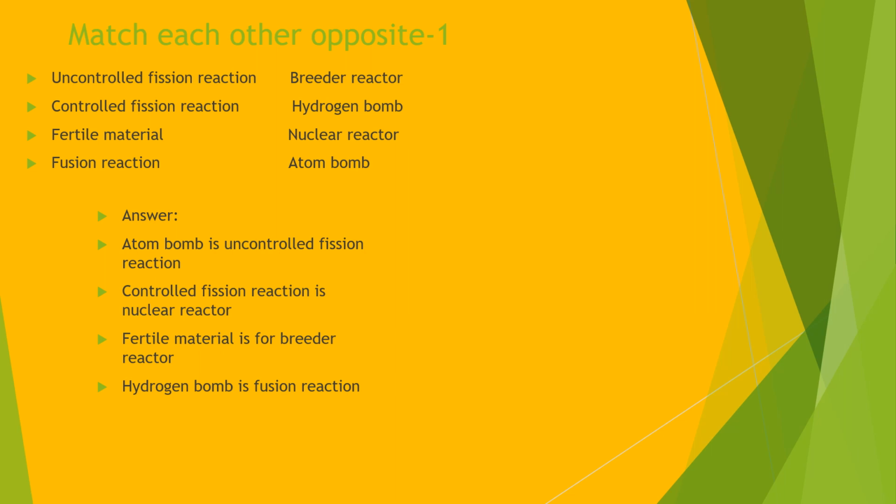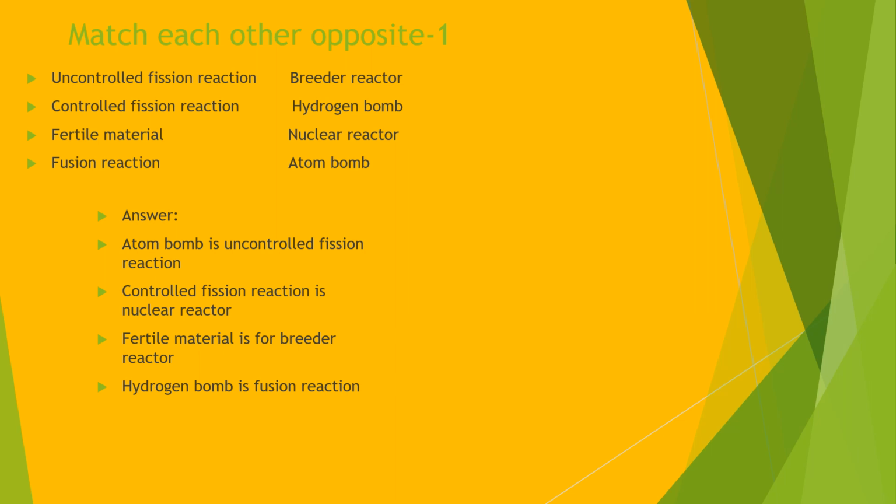Match the opposites. On one side: uncontrolled fission reaction, controlled fission reaction, fertile material, fusion reaction. On the other side: breeder reactor, hydrogen bomb, nuclear reactor, atom bomb. For the first one, uncontrolled fission reaction, the right answer is atom bomb. It is not controlled. It goes on blasting, releasing more and more energy.